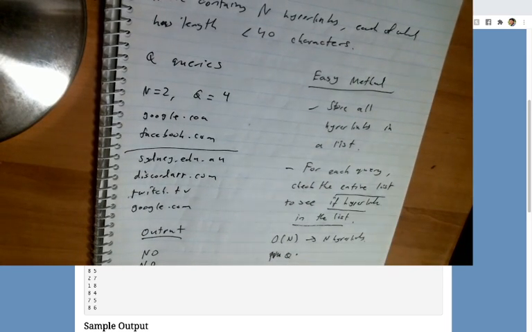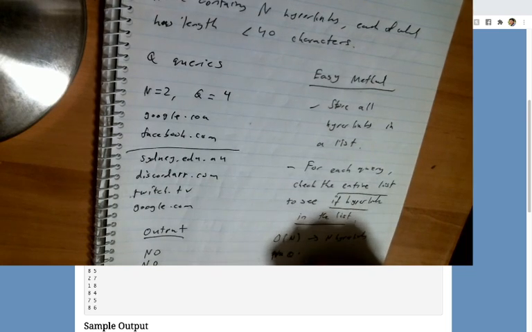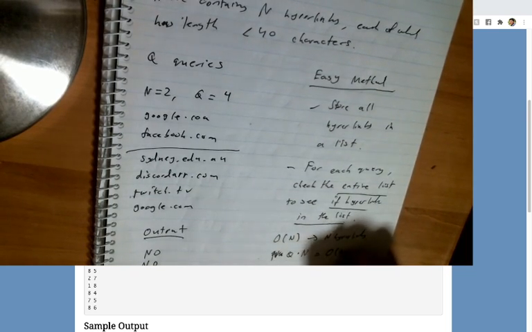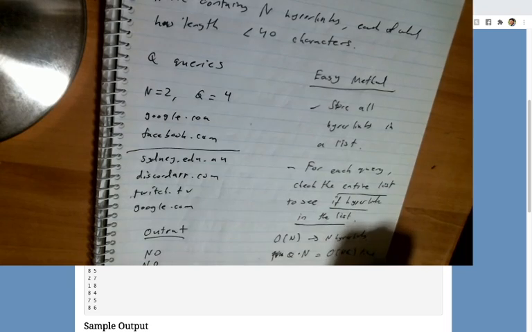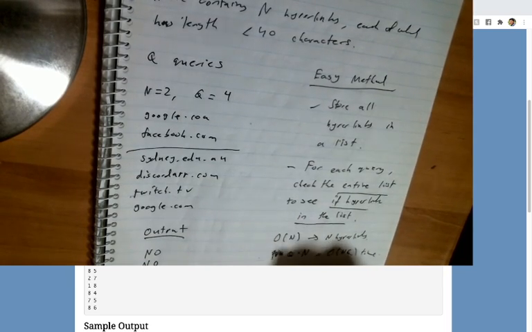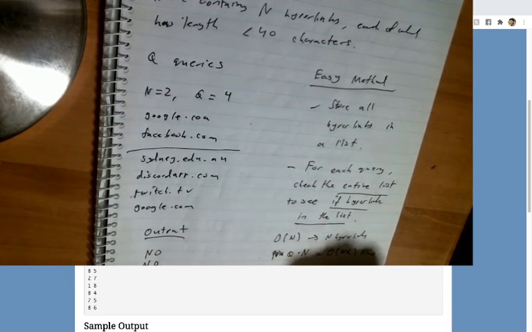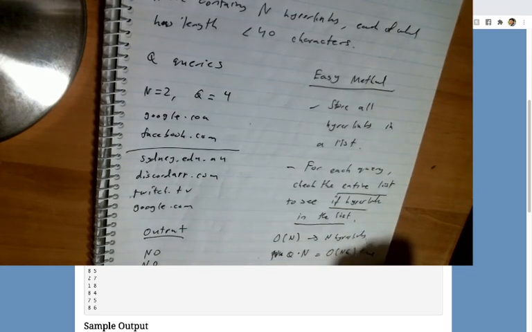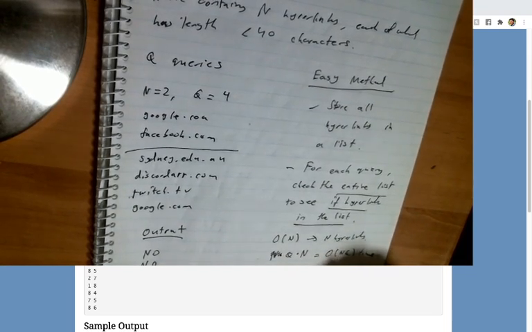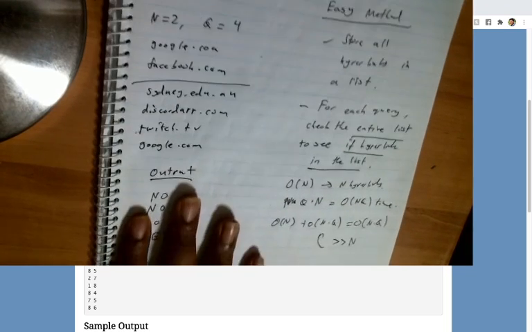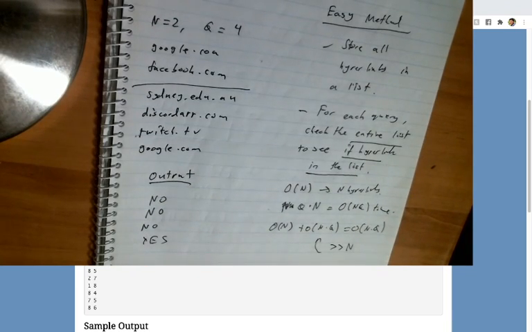Maybe Google is the last thing in the list, or maybe it's not in the list at all, and we have to check every single thing. So this is bad. This takes q times n, which is O of nq time. So O of n plus O of n times q is just O of n times q, because n times q is much bigger than n. It's really, really big. Okay, how can we do better?